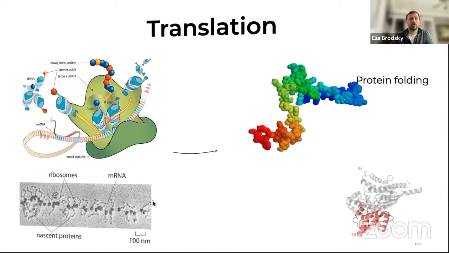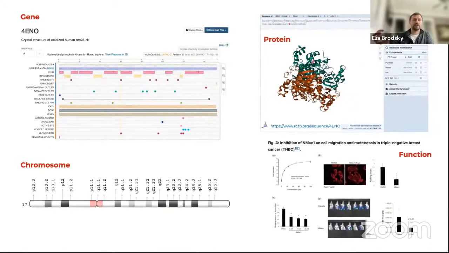The ultimate goal of genomics is to integrate multiple aspects of this kind of data by looking at where the gene or genes are located in terms of the chromosome. What do we know about the organization of that gene and how that gene could be translated into a protein? Here you can see that protein structure, and eventually to validate its function through experiments.